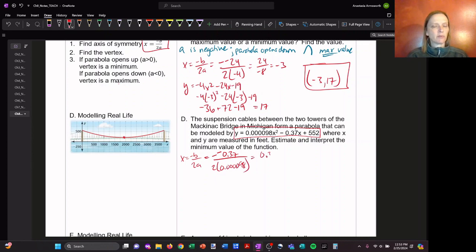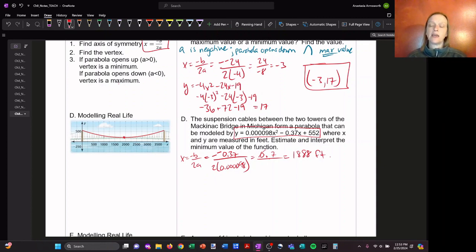So I end up with positive 0.37 divided by, let's see, I'll just plug this into my calculator and I get 1,887.755. I'm going to just round that off to 1,888 feet, to the nearest foot.